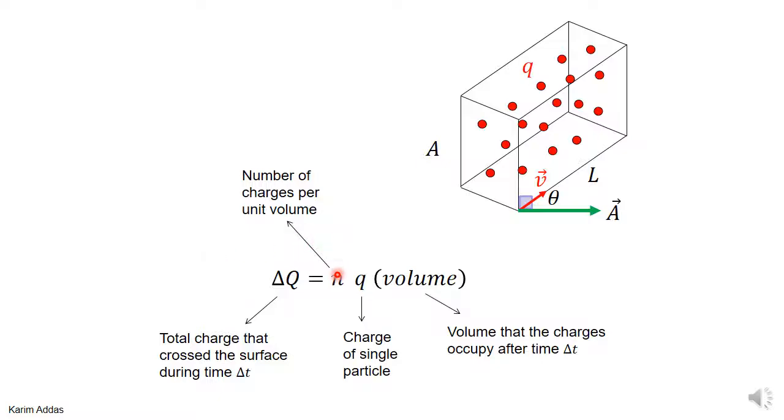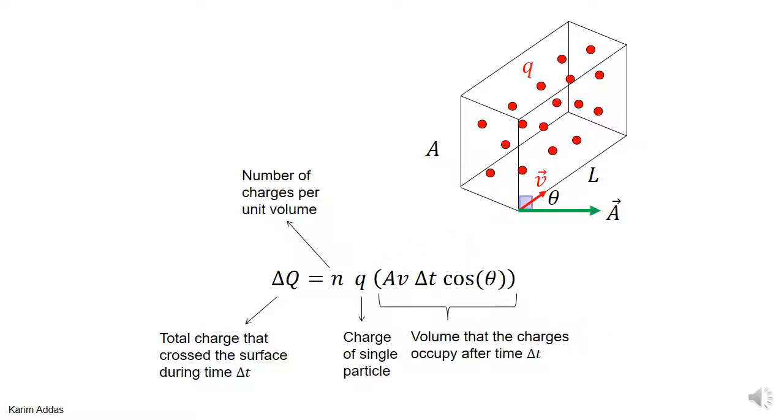If you multiply small n times the volume, you get the total number of charges. But we asked about the total charge, so you have to multiply by the charge of each one. But now the volume is different than the previous case. The volume is A v delta t cosine theta.